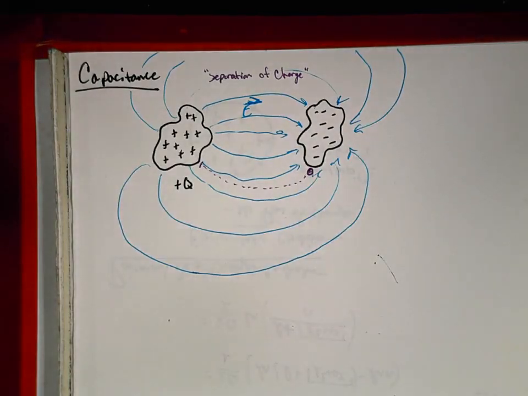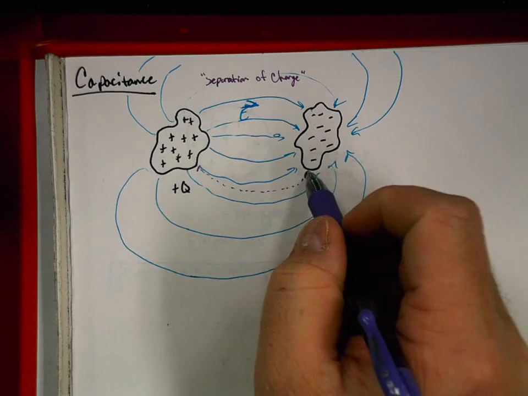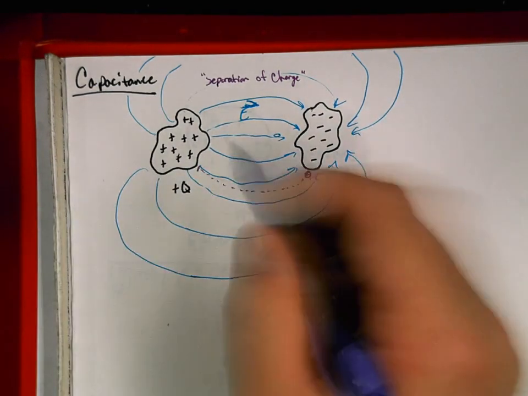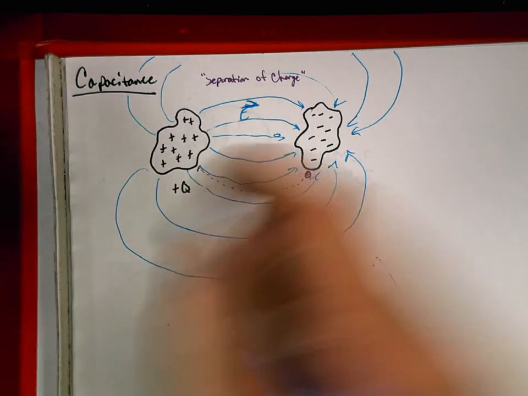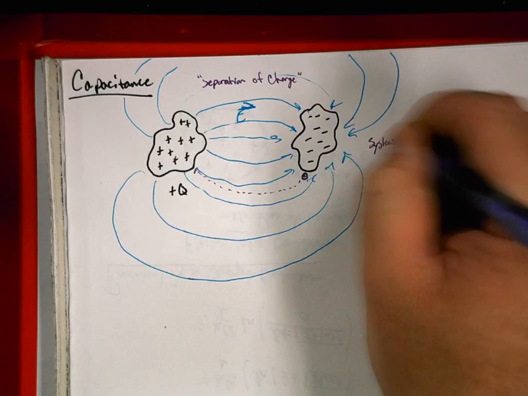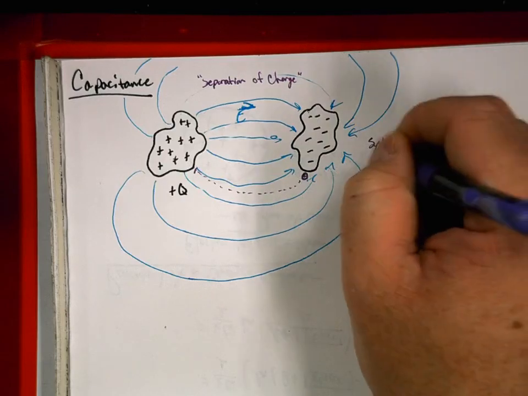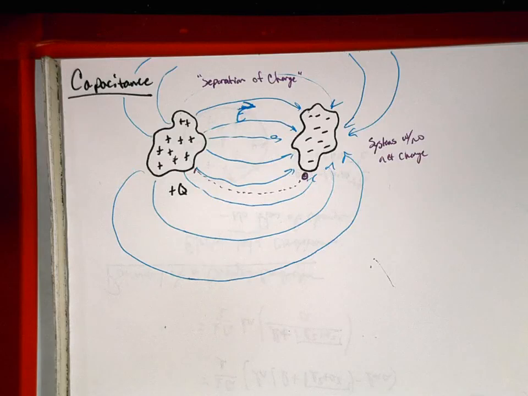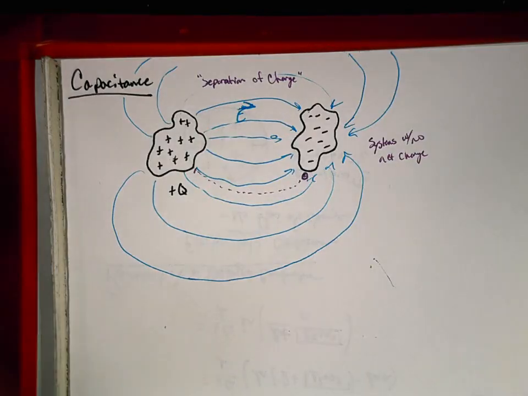Right, the change in our potential is going to be the potential difference between here and there, right? Okay. Oh, and by the way, capacitors are always systems with no net charge. Okay, capacitors are systems with no net charge.